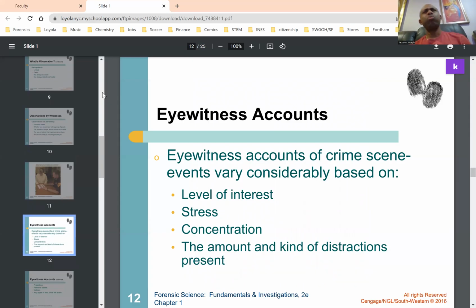Eyewitness is an important type of evidence in forensic science, but also the most dangerous one, because it depends on the observation of an eyewitness, right?